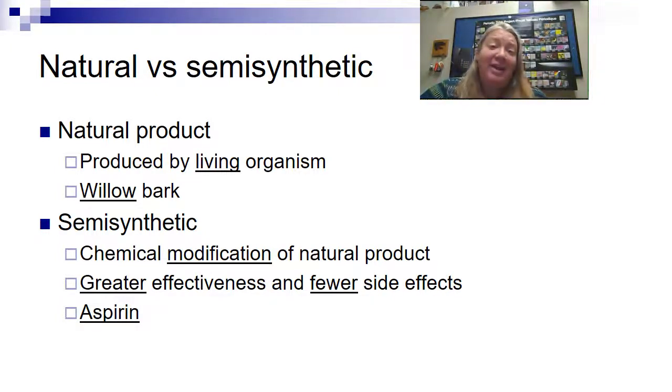An example of a natural product is willow bark. If you ever watch Little House on the Prairie or Dr. Quinn, Medicine Woman, or any of those type shows, in the Old West, whenever they would have pain, they would boil a willow bark tea, and they would use that for a pain reliever. That is a natural product.